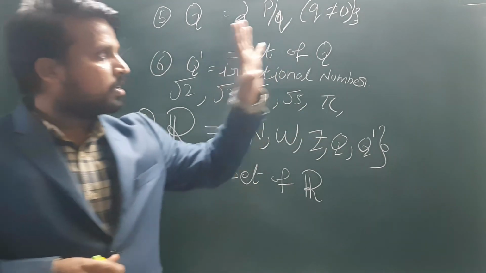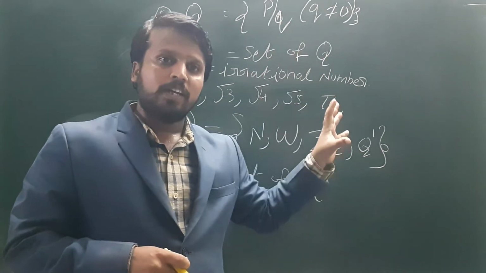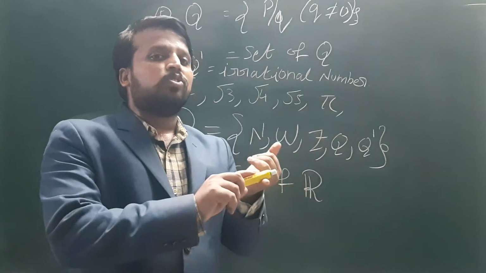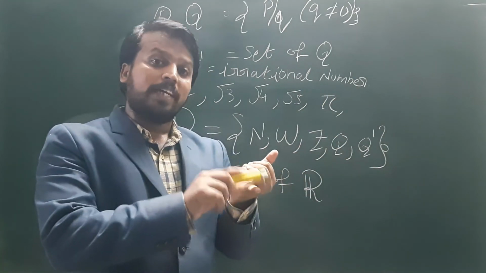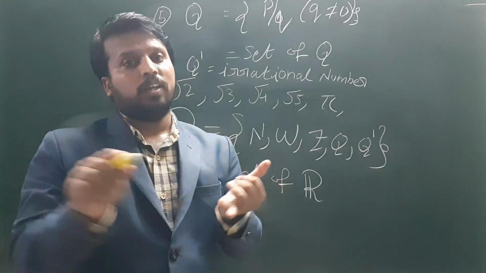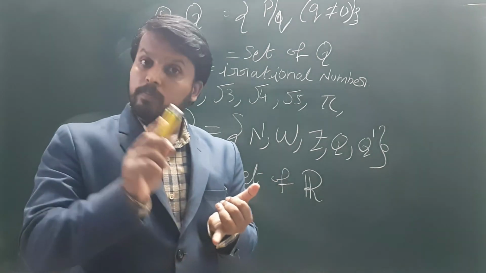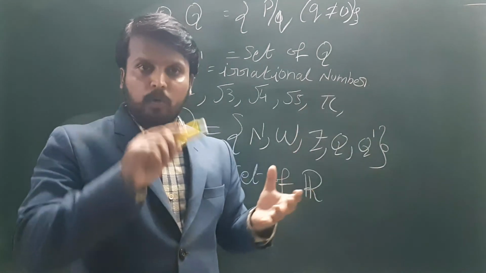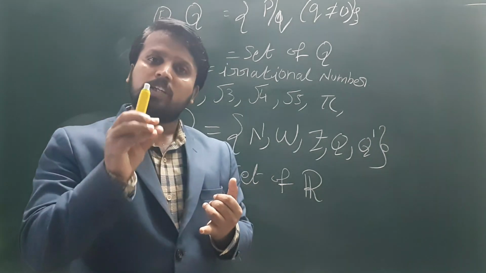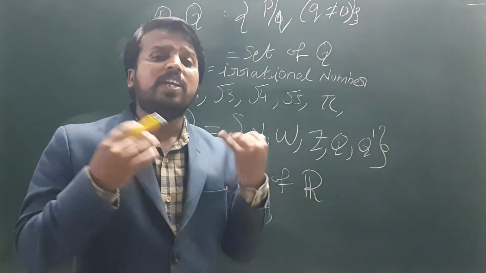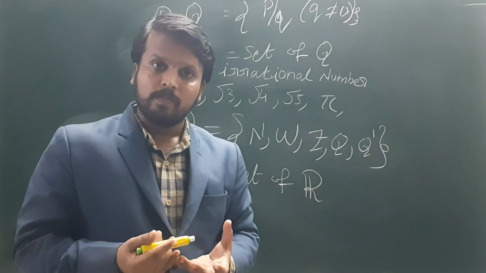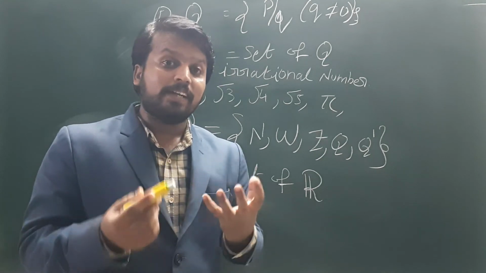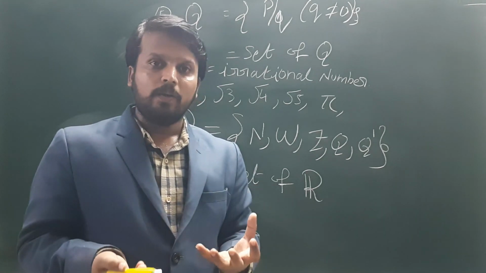By seeing the picture you can understand which numbers are inside which type of number. Remember this point. Why? Because some statements are there, like every natural number is a whole number.